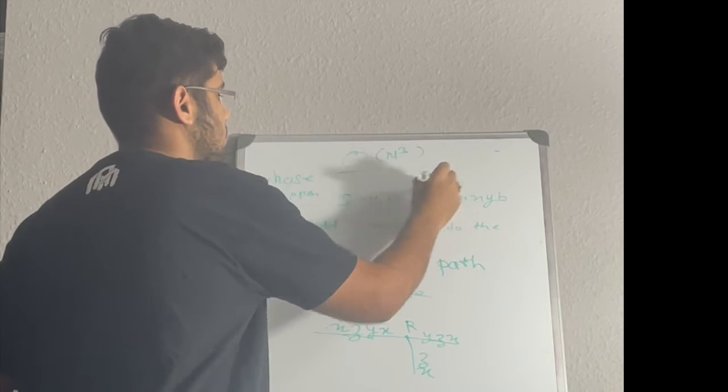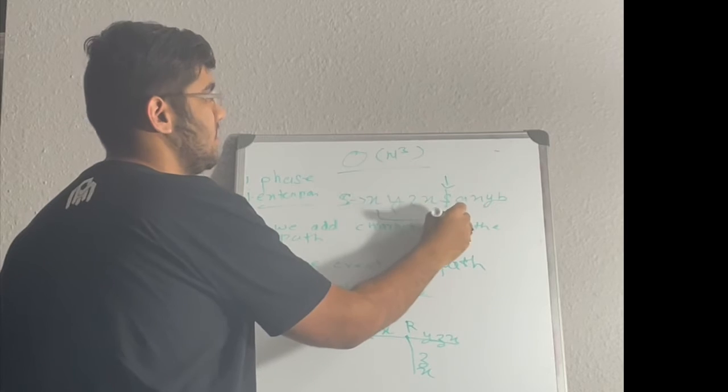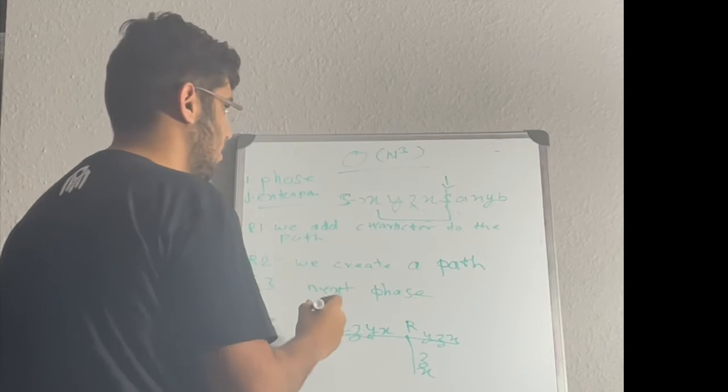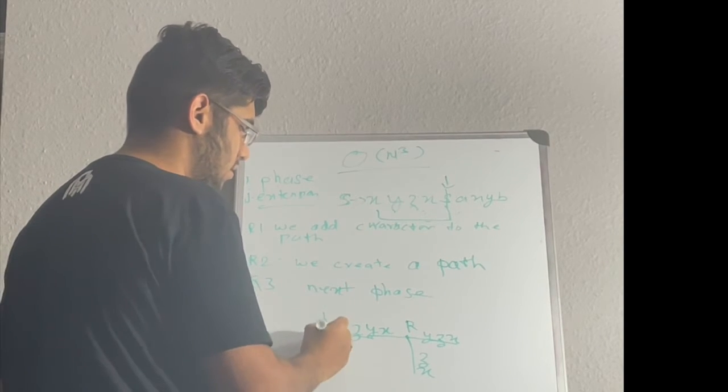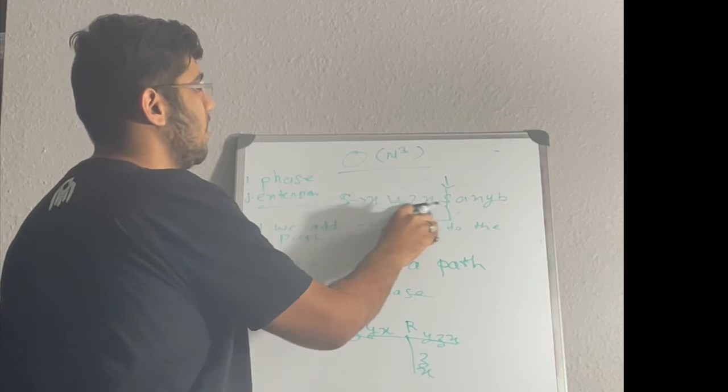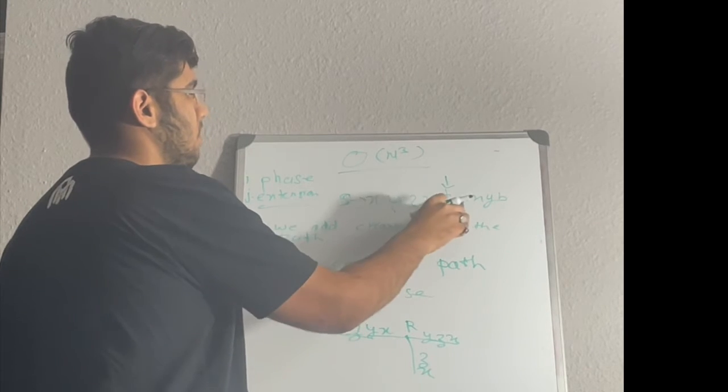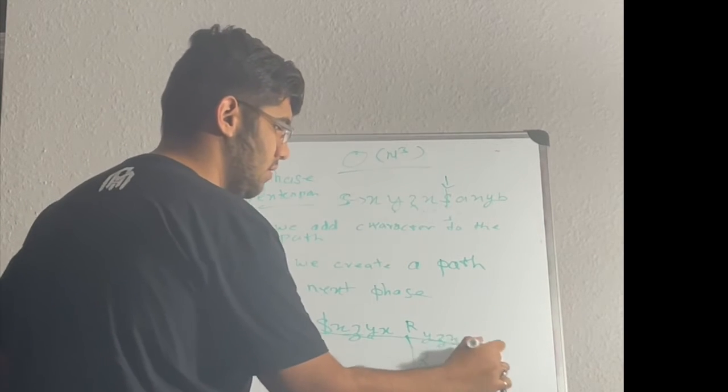Again, the extension starts from this. Now by rule 1 we'll keep adding in all the paths.